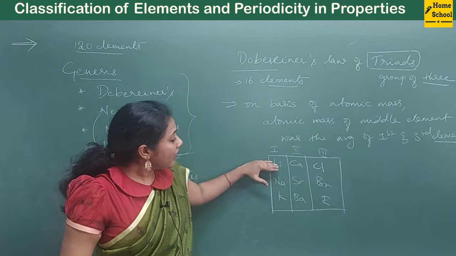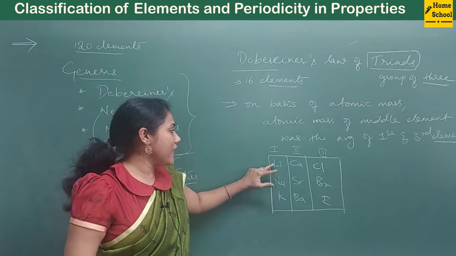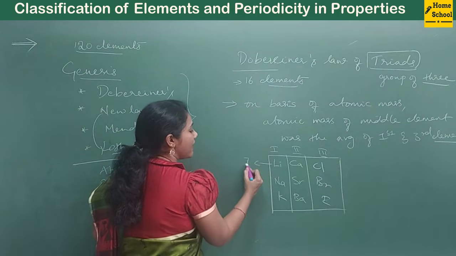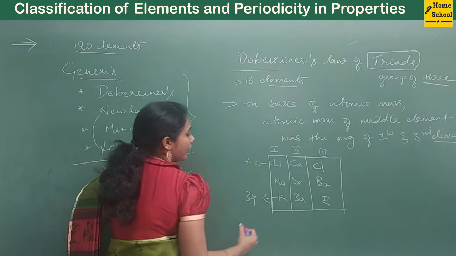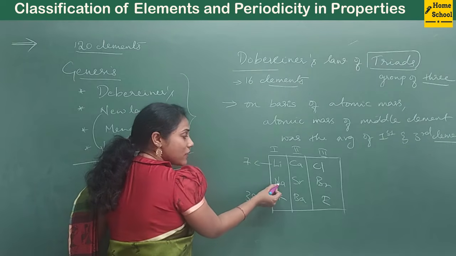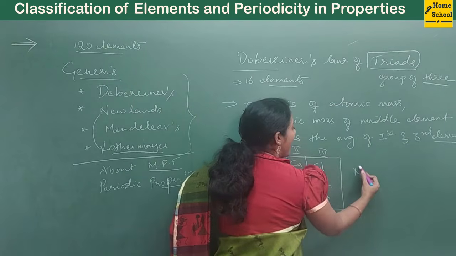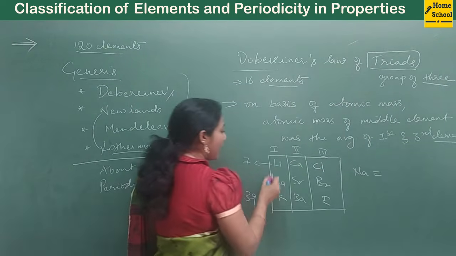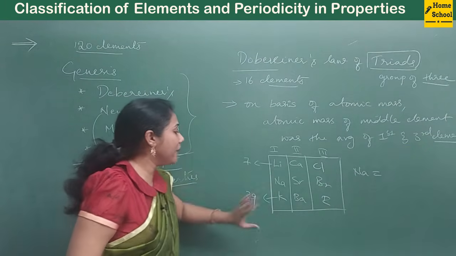And see, he arranged these triads in the increasing order of their atomic masses. Atomic mass of lithium is 7. Atomic mass of potassium is 39. And what he says is the atomic mass of the middle element is the average of the first and last. I mean, if I have to find sodium's atomic mass, I need to take the average atomic mass of lithium and potassium.